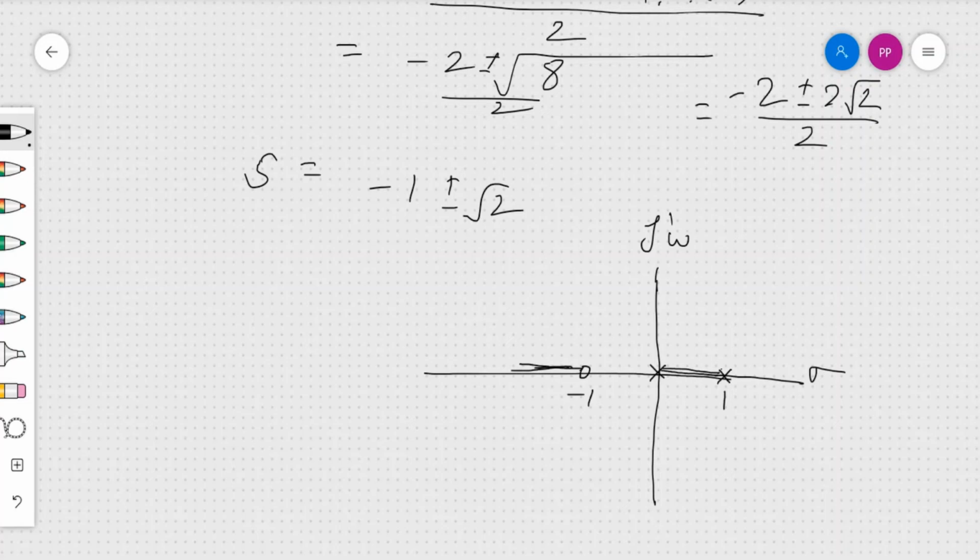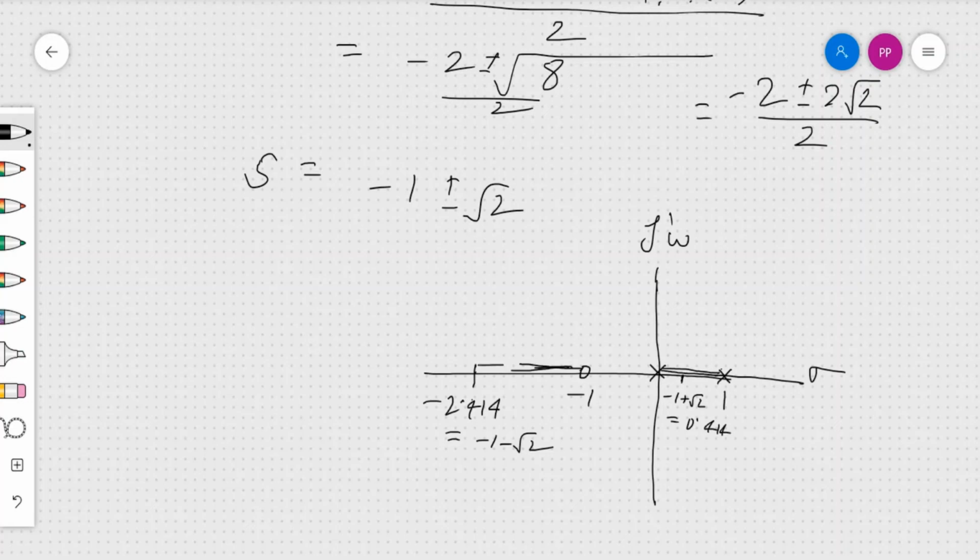So again, when I am getting minus 1 minus root 2, so from here up to root 2 is this much, 1.414. So this is the point, minus 2.414 is equal to minus 1 minus root 2, and here plus 1.414. So this is minus 1 plus root 2, this point will be 0.414. So these two are the breakaway points.